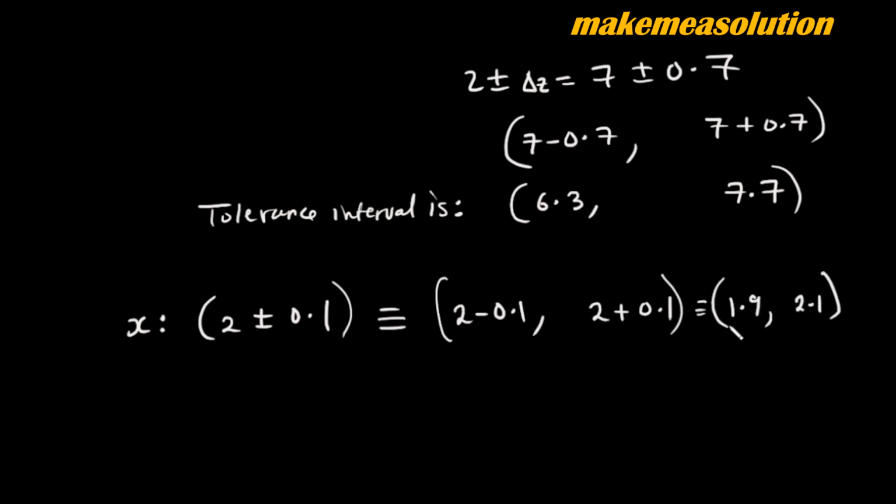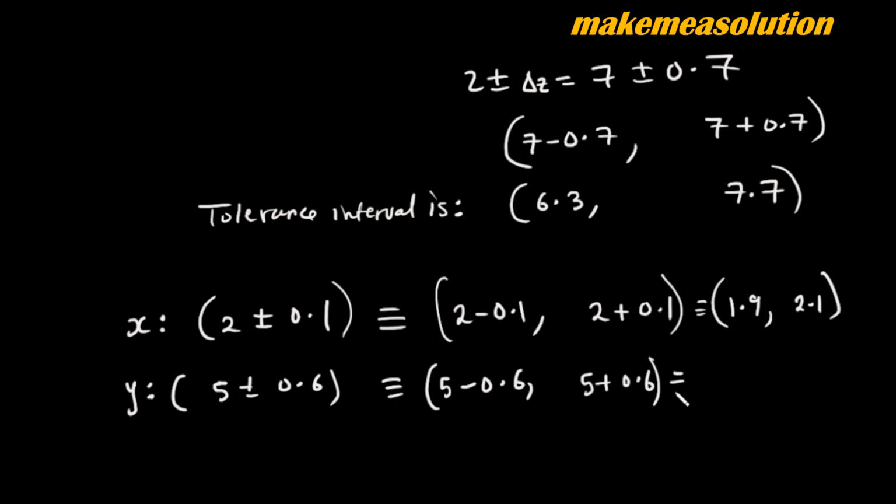So all the numbers between 1.9 and 2.1 satisfy these measurements. My y, on the other hand, is 5 plus or minus 0.6, and this corresponds to 5 minus 0.6 and 5 plus 0.6, so 4.4 to 5.6.